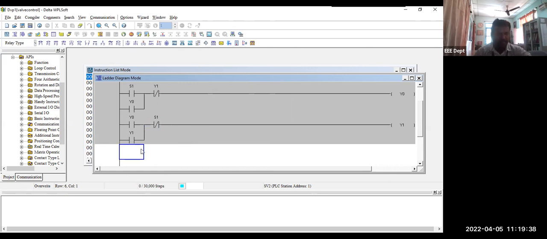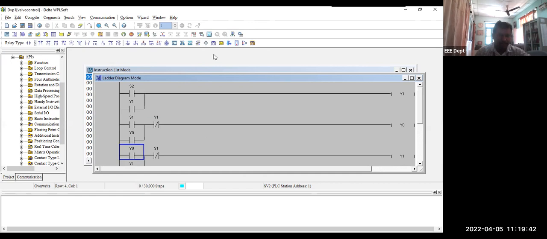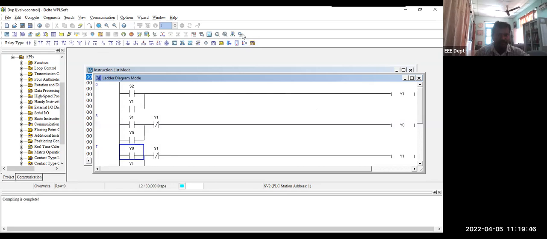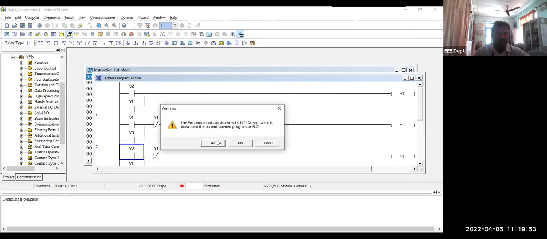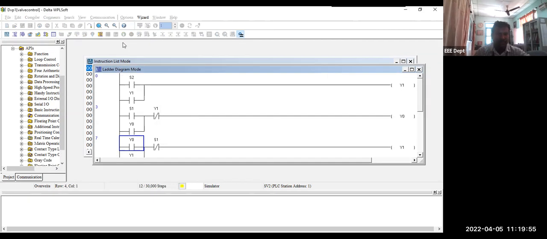After completion of this network, compile the system, simulate the system, go to online mode and run the system.